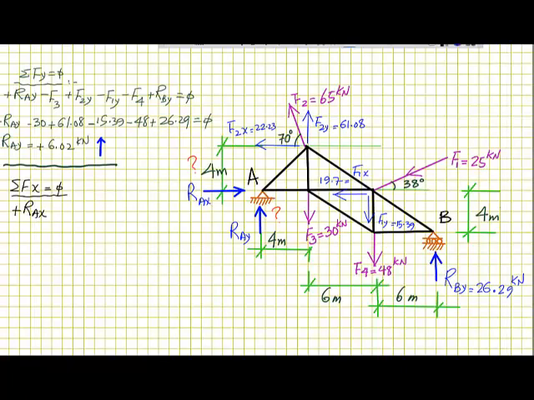And we have minus F2x. And we have minus F1x. And there is no other horizontal force, so it is equal to 0.